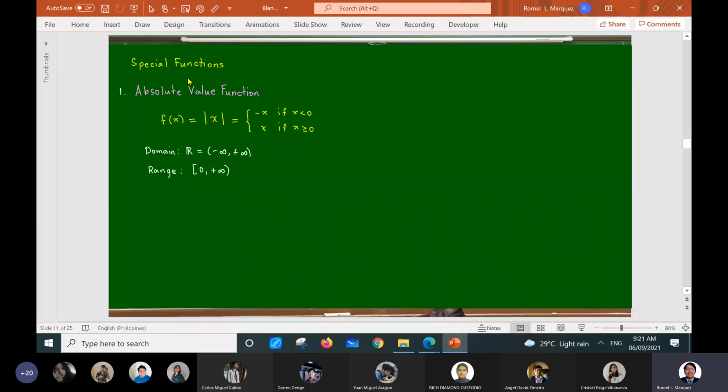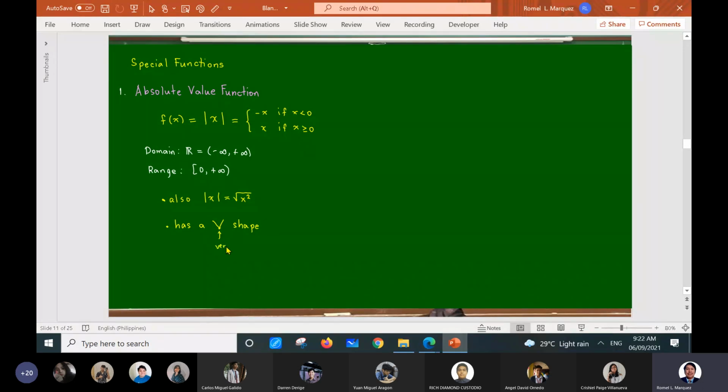In terms of radicals, we can also define absolute value as the square root of x squared. Get it, guys? Not just x. The square root of x squared is not simply x. It is the absolute value of x, if your x can be any real number. Okay, children? It has a V shape. So meaning it has a vertex.